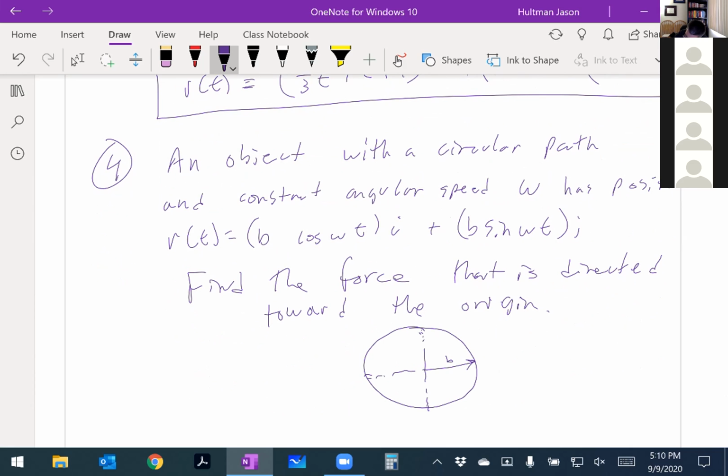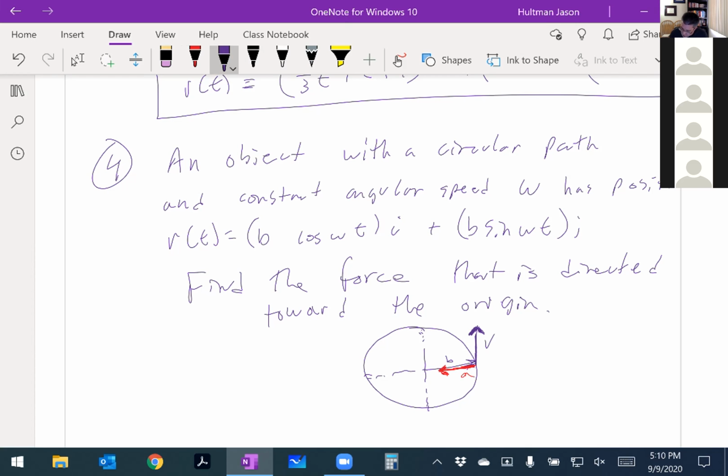Then we have our velocity, which is orthogonal to that, and our acceleration, which is orthogonal to that. Our acceleration is actually pointing inward. This is a, and this is v, and this is position.